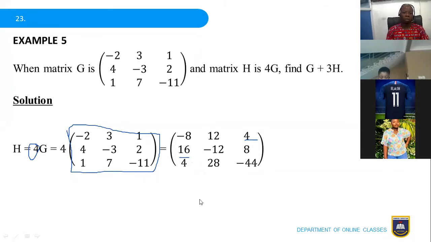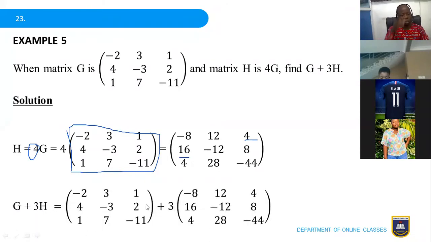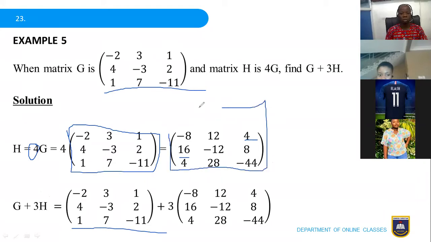So we move on to the next thing, which says G plus 3H. So we are going to multiply the matrix H by 3, then we add it to the matrix G. That gives us the matrix G, which we know was given earlier on, plus 3 multiplying H. Our H we calculated earlier on is also here.